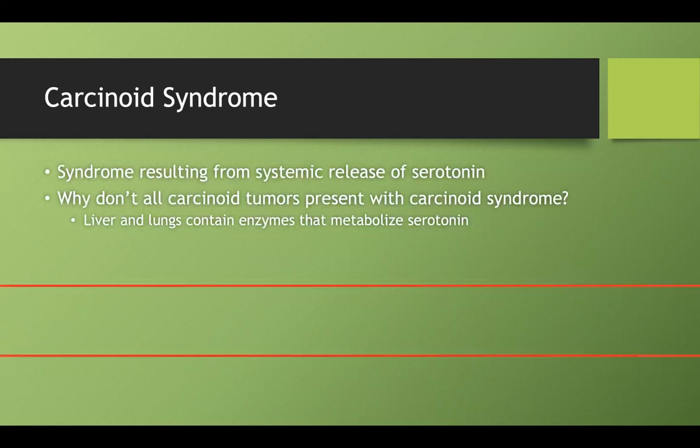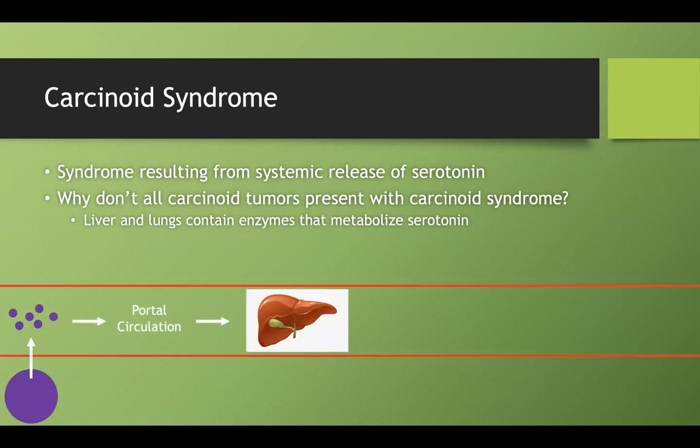So if this is our bloodstream, every GI tract organ will drain into our portal system. So here's our carcinoid tumor, it's going to secrete serotonin. That's going to go into our portal circulation the vast majority of the time. And when it encounters the liver, the liver is able to metabolize it into an inactive compound called 5-HIAA, and this can be excreted in the kidneys, and you'll never have carcinoid syndrome.